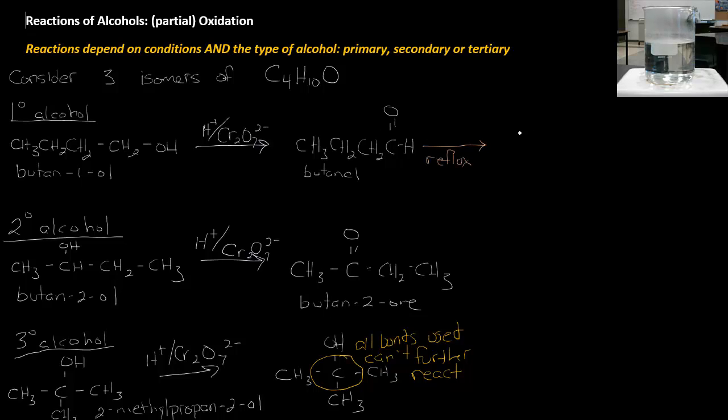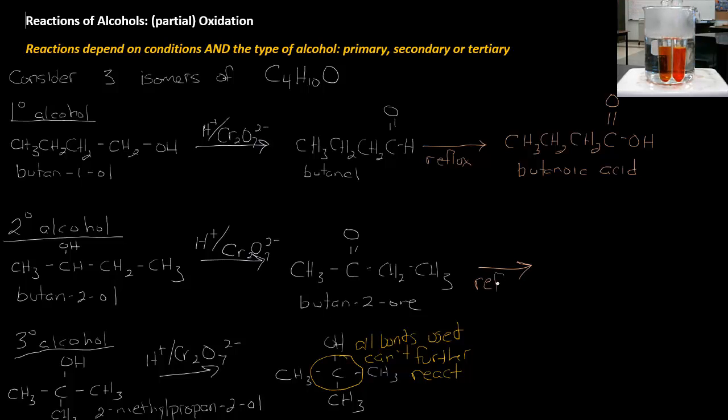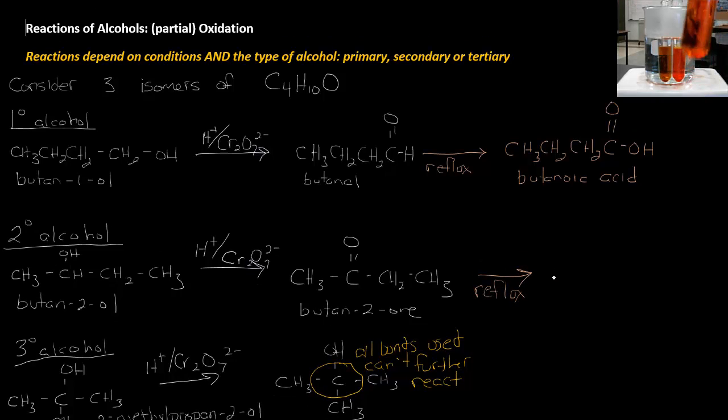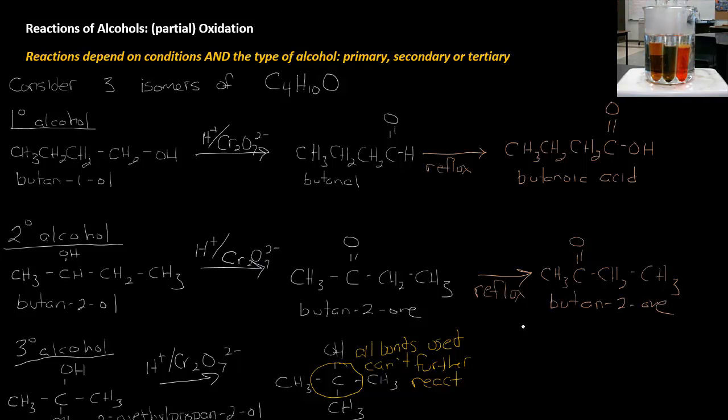So butanol, if I reflux it, so that means to heat basically under boiling conditions, will eventually form butanoic acid. All right, and that primary carbon has all those bonding sites available to it. It can exchange the bonds it has to the hydrogen for more bonds to oxygen.